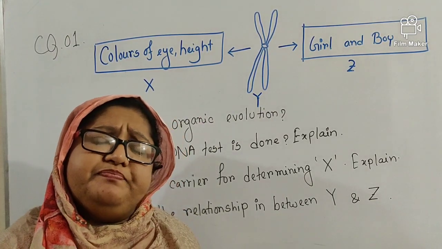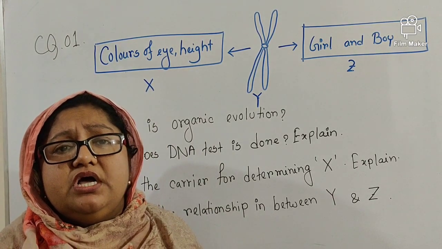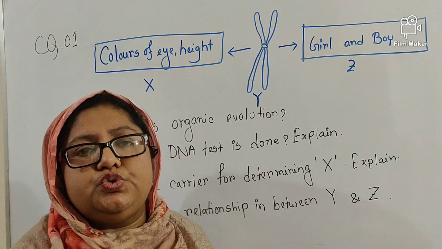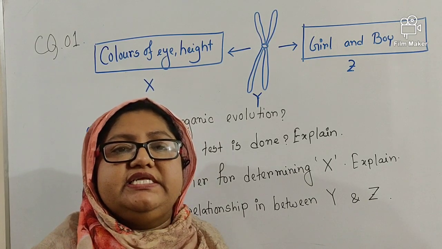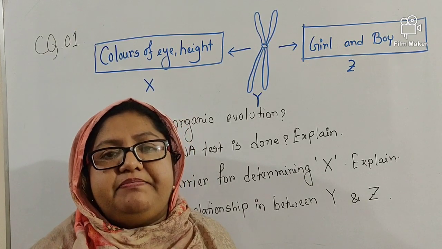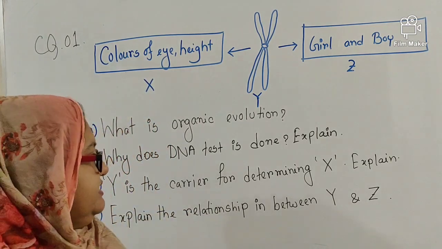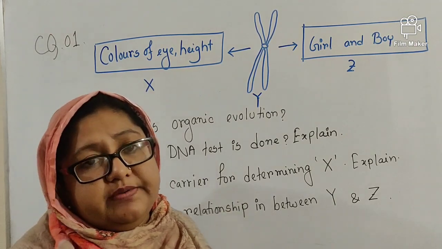The DNA sample is collected from the victim and also from the suspected person. Then these two DNA samples are matched, and if they match, it can be determined that the suspected person is the criminal. Thus, the DNA test is helpful for identifying criminals.